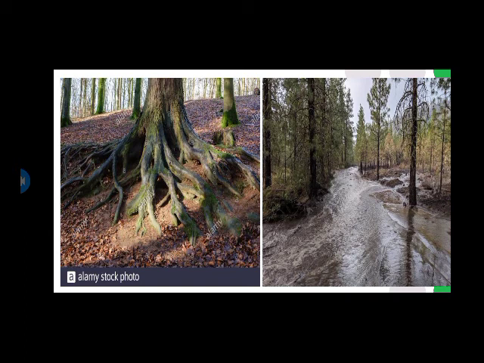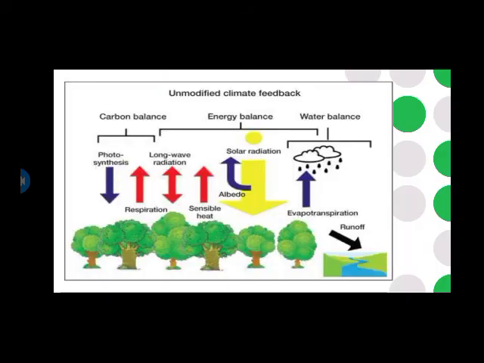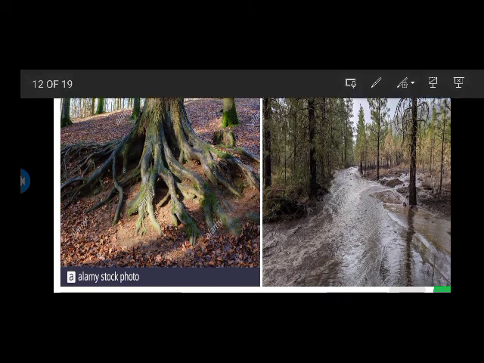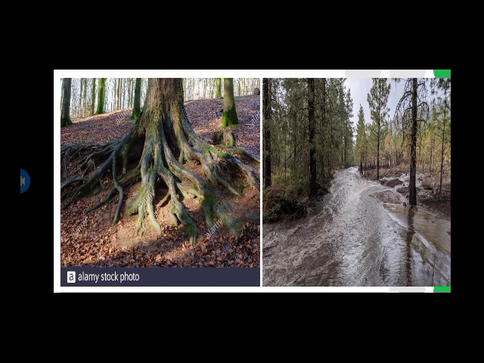What are the roots doing? The roots are holding the soil, isn't it? This helps the area to hold the soil tightly, otherwise it will wash away with the flood or the water coming from the mountains. So this is called prevention of soil erosion. This picture on the right side is the picture of the flood, and on the left side is the roots holding the soil tightly.